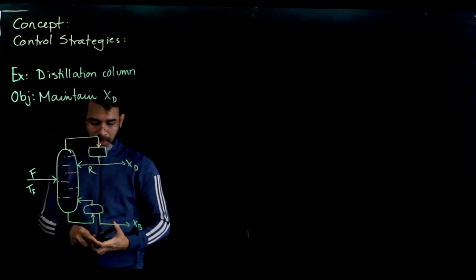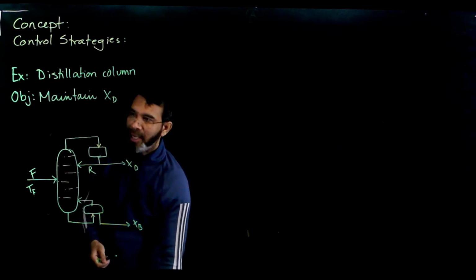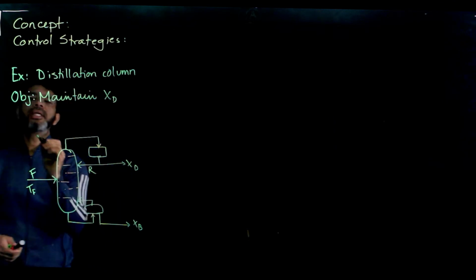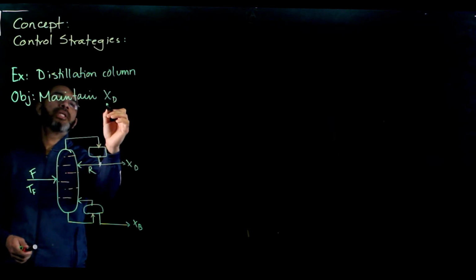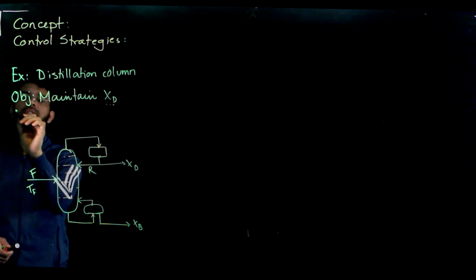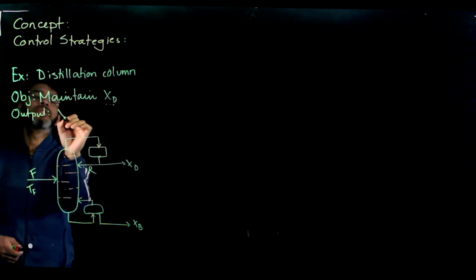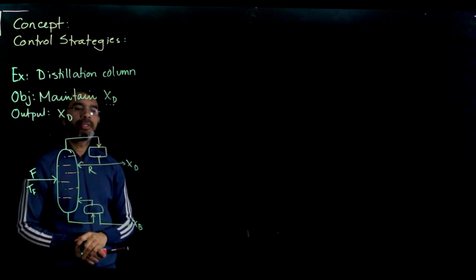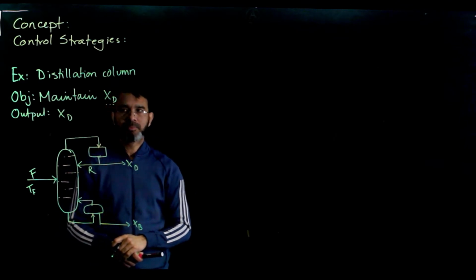Now, typically the top composition is maintained by manipulating a variable. When you define the objective to be to maintain the top composition, your output variable is the top composition. So again, you recall the variable that you want to maintain is the output.